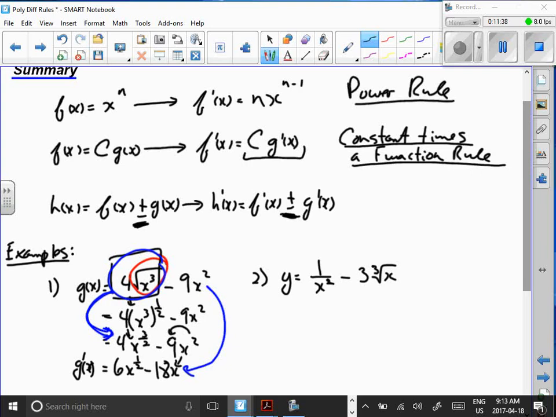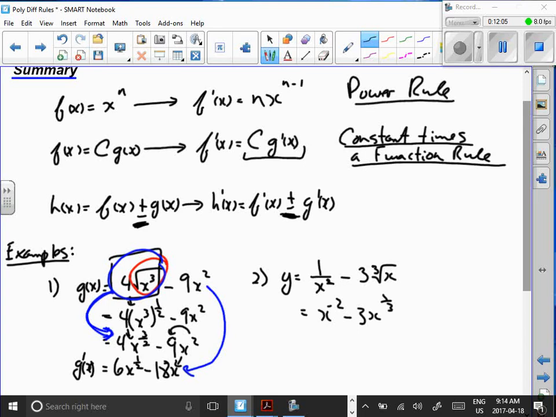We can work this with the power rule. What we need to do is write this as x to the negative 2. That shouldn't be new, because that's advanced functions. And the cube root, what's cube root as an exponent? 1/3. That's going to be minus 3x to the 1/3.